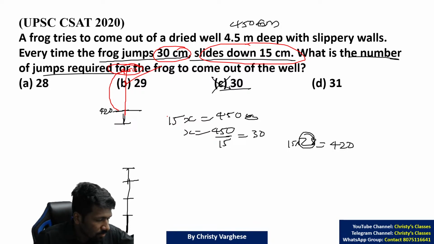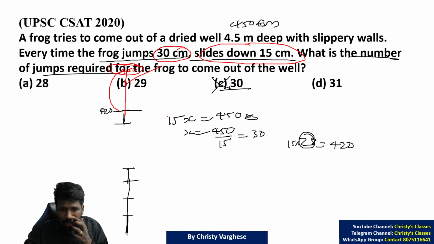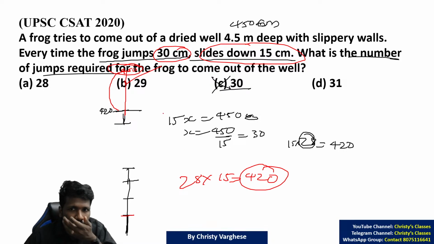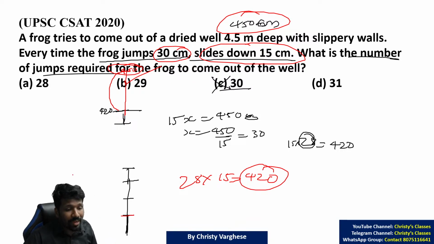So exactly, Varsha. Which part you have doubt, Shanti? 1 jump 15 centimeter, 28 jump 28 into 15, that much is clear. 28 into 15, 420. So 450 centimeter deep well it is.